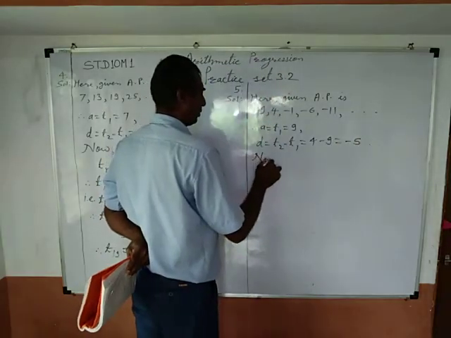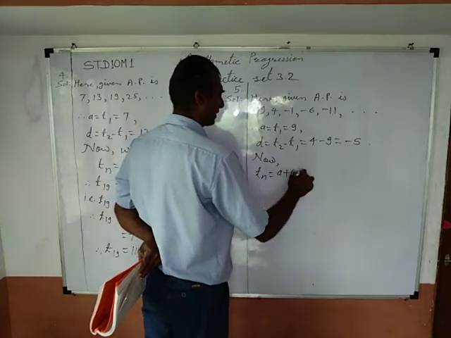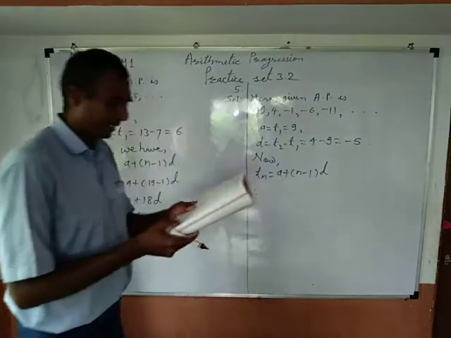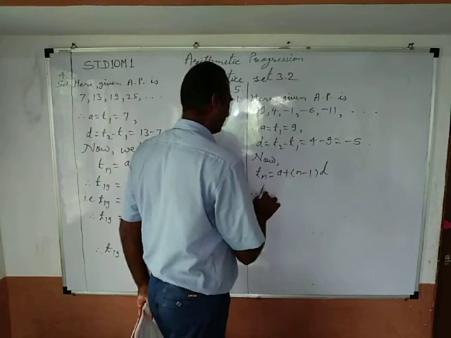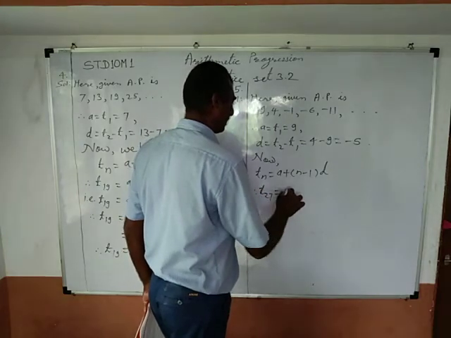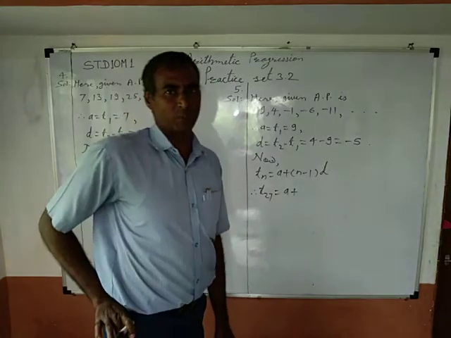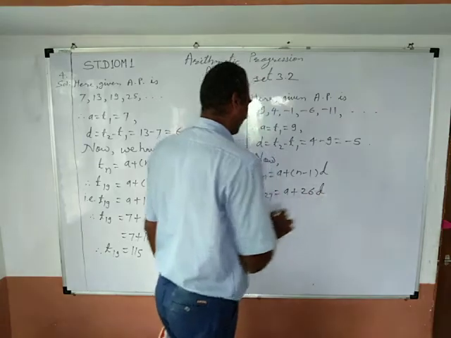And now, Tn equals A plus n minus 1 into D, and therefore here we are interested to find the 27th term. Therefore T27 equals A plus 27 minus 1 into D means 26D.